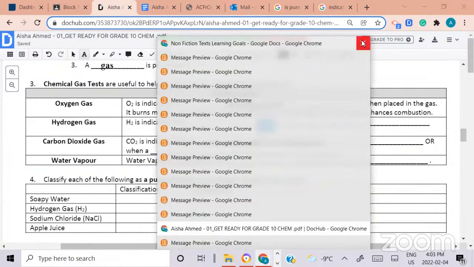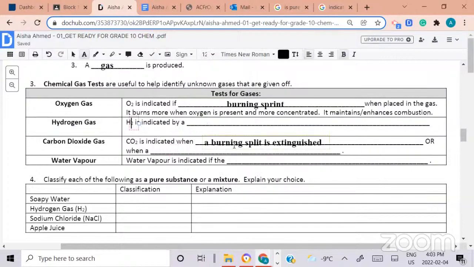And water vapor, let me see. Water vapor is indicated if the... honestly I think if there's condensation on the glass, right? Condensation in the container. We're gonna check the answers for this one because I know the wording will be very exact.